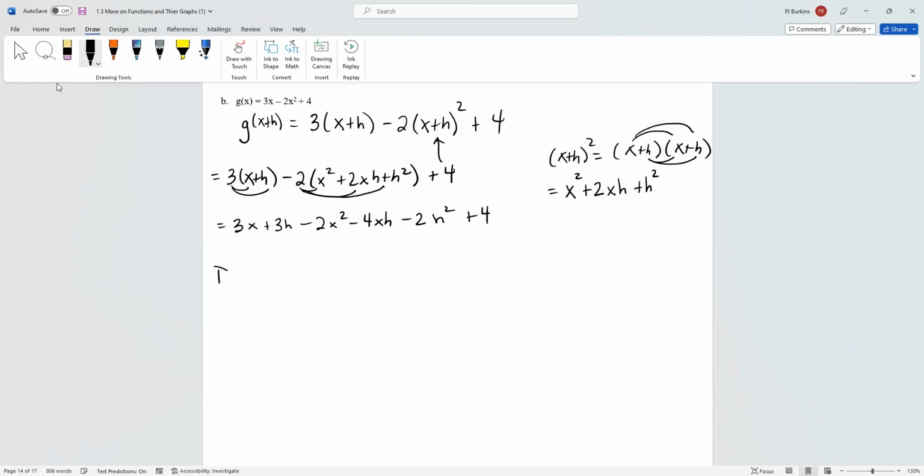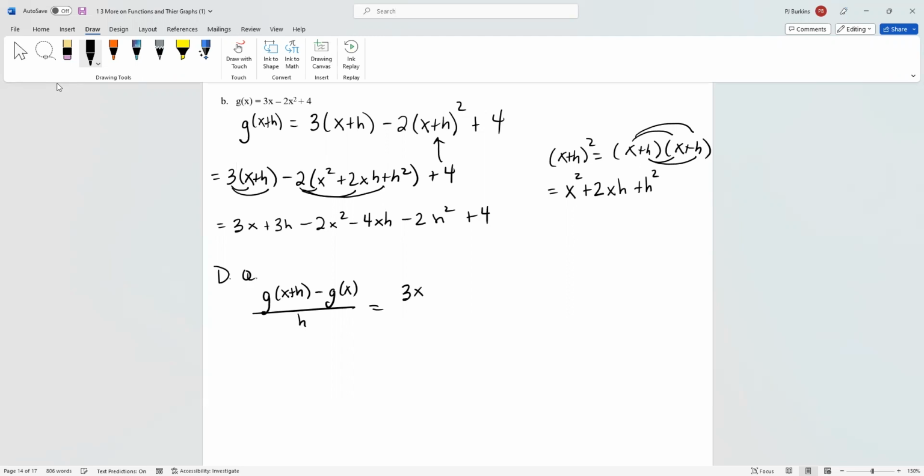Now remember, for the difference quotient, we need to first do g of x plus h minus g of x, and then divide by h. So I'm going to plug in everything I just found for g of x plus h.